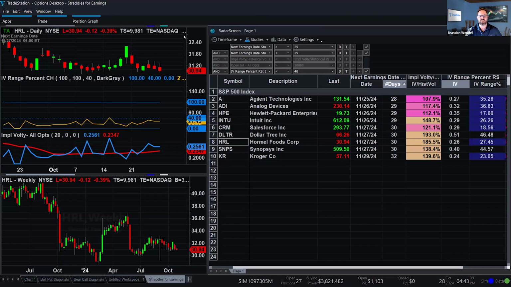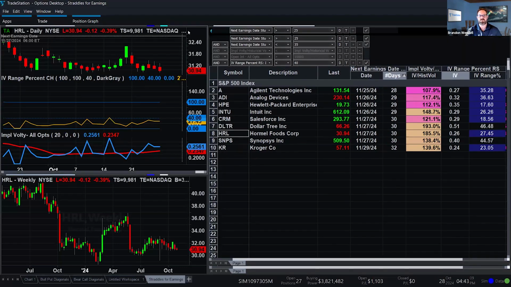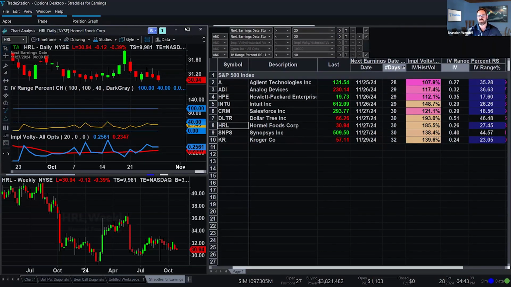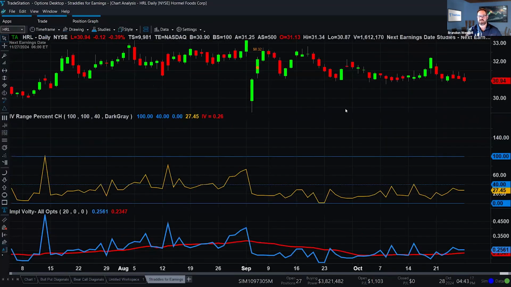We do have implied volatility above average, even though we're 30 days away from the earnings. And you can see, what does it normally do? Before earnings, volatility rises. After earnings, collapses. Again, rises, collapses. But where are we right now compared to average volatility? We're above.